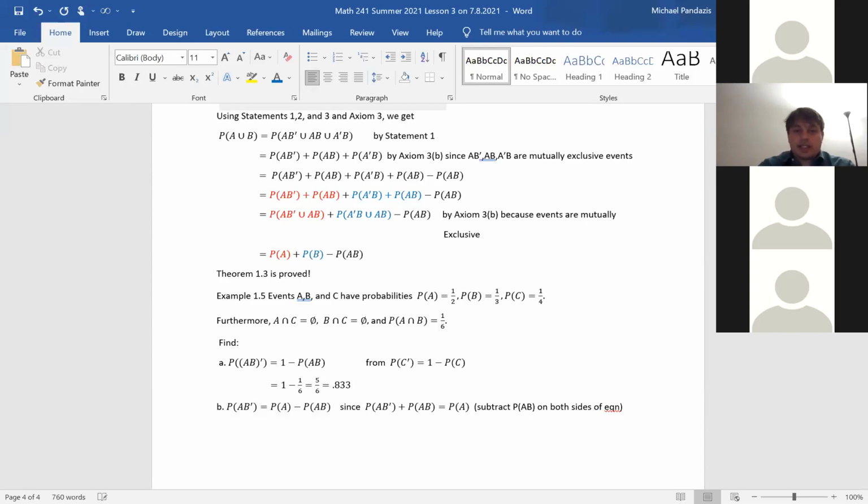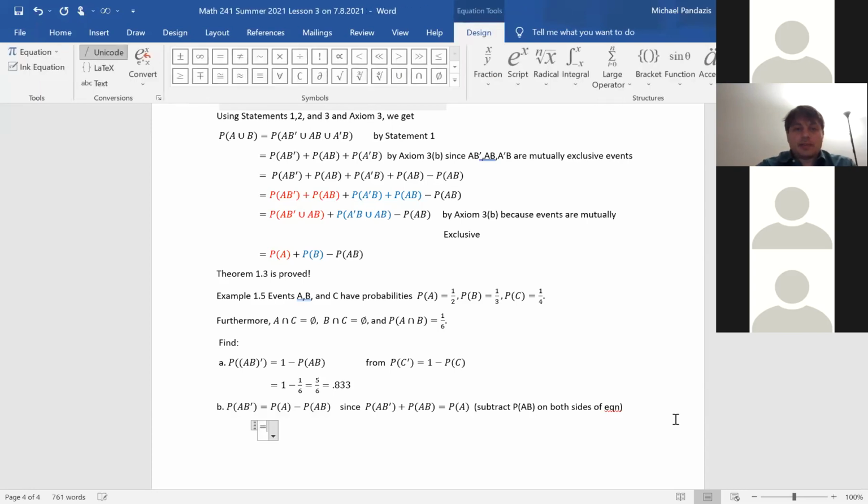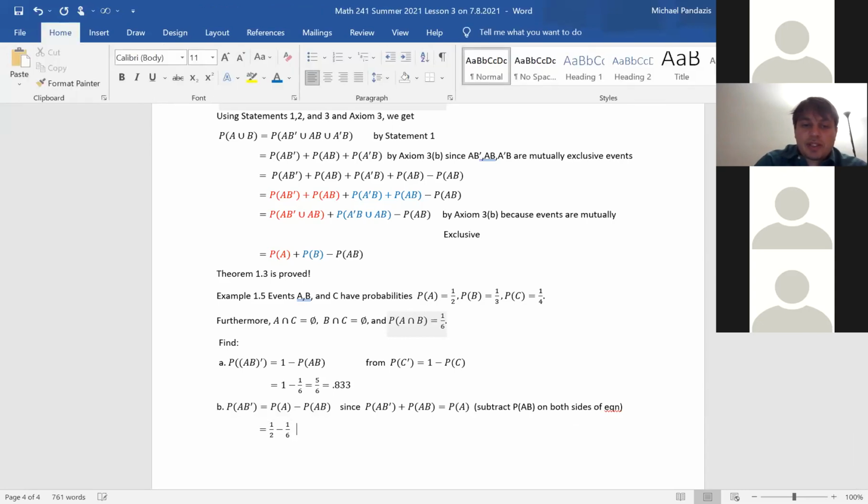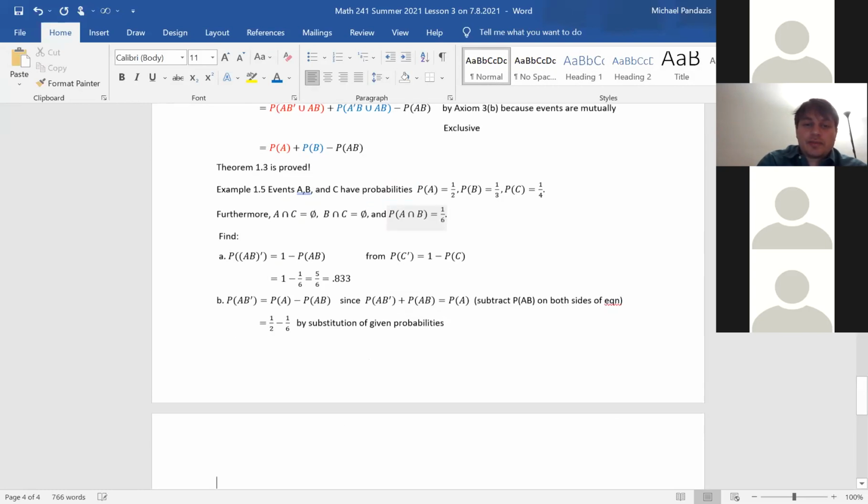Okay, and so now that we have that, well, P of A is 1/2, so we just substitute. Then minus P of AB, which is still 1/6. 1/2 minus 1/6. This is by substitution of given probabilities.